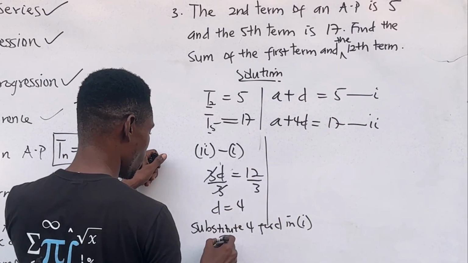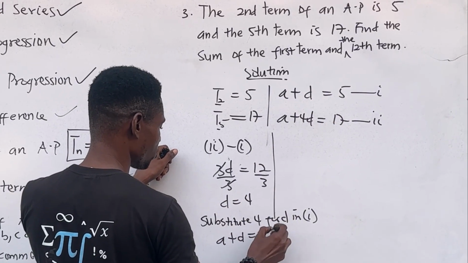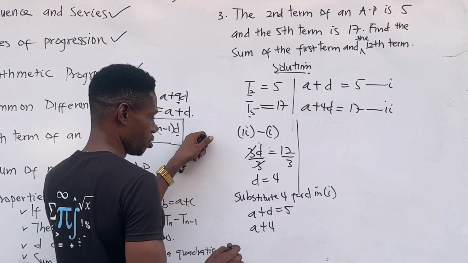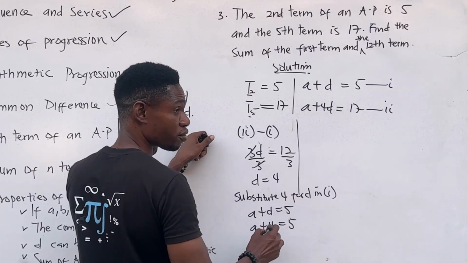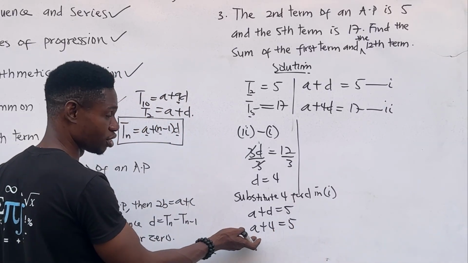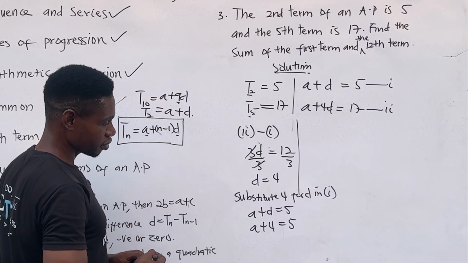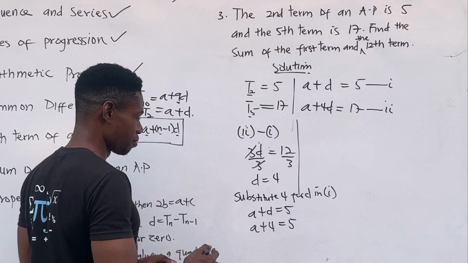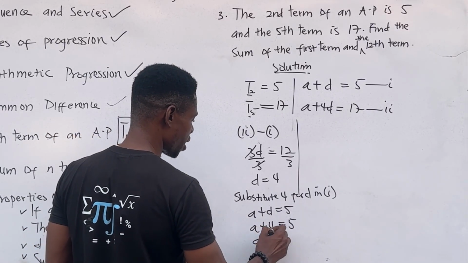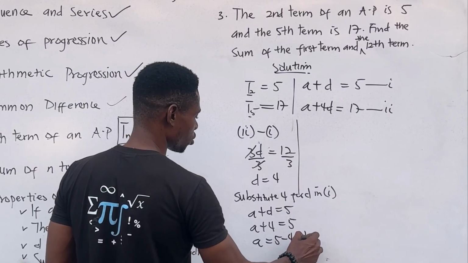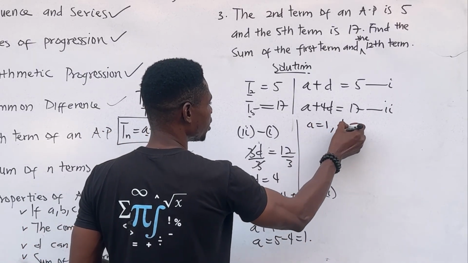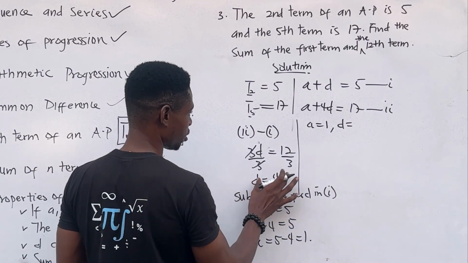So A plus D equal to 5 becomes A plus 4 equal to 5. Hope this is still obvious. So from here, A will be 5 minus 4, which is equal to 1. So now we know our A as 1 and our D as 4.